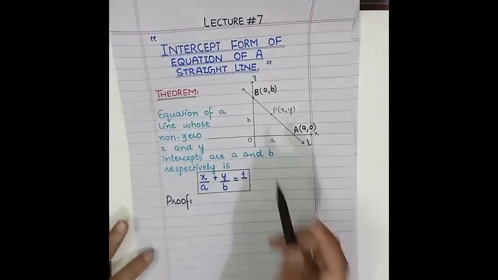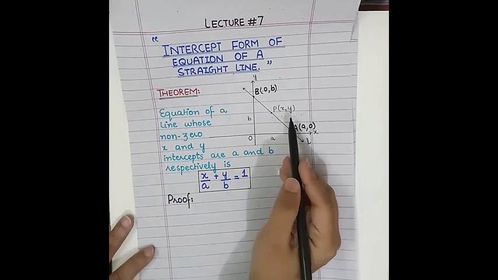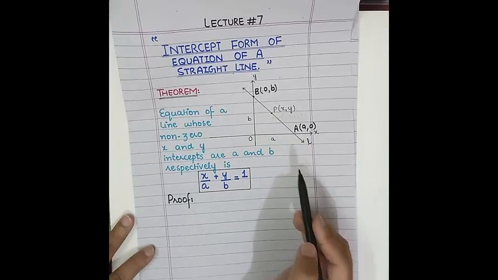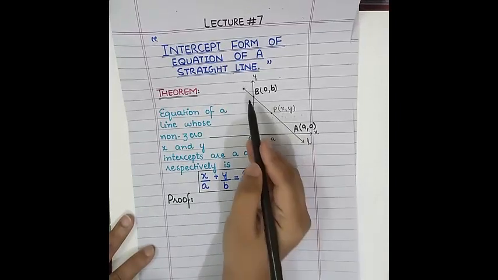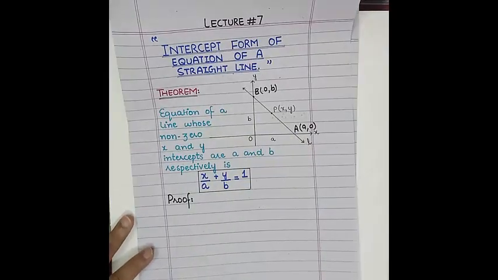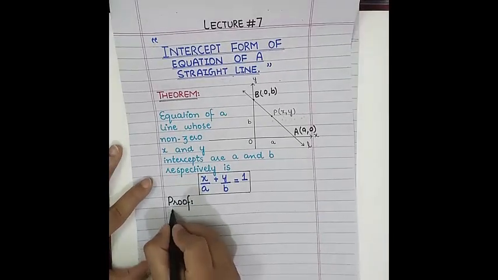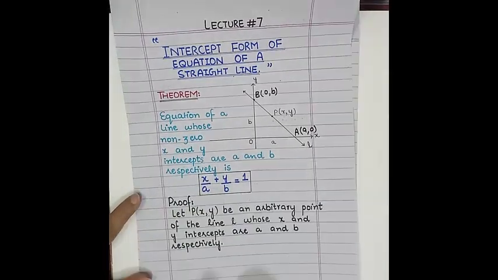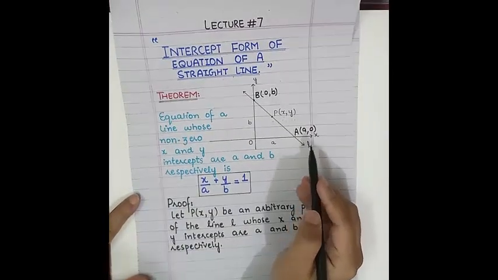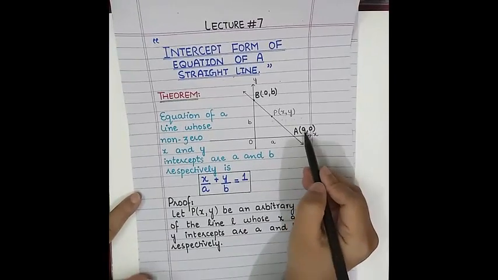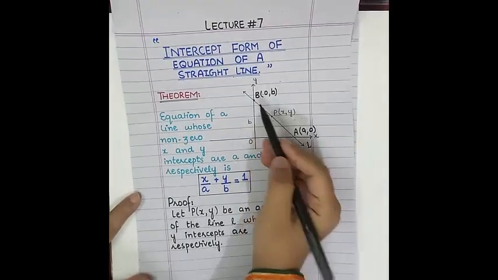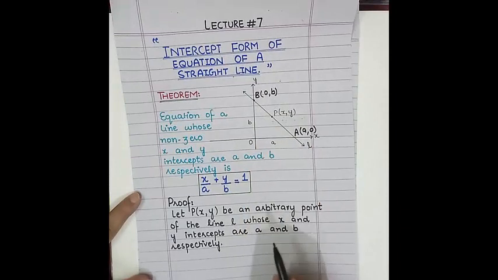So let P(x, y) be any arbitrary point of the line whose non-zero x and y intercepts are a and b respectively. Now obviously the points A and B are on the same line.